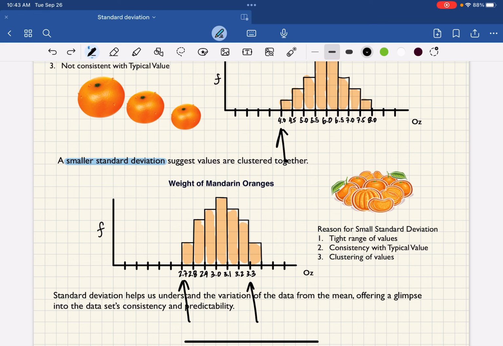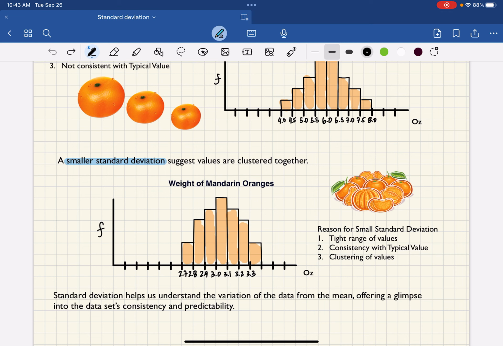Now, right now, we're not calculating any numbers. The calculations for the numbers are not shown here. But the reasons for small standard deviation: tight ranges of values because it's closer to the mean. These values here are not so spread out and they're much closer to the mean.